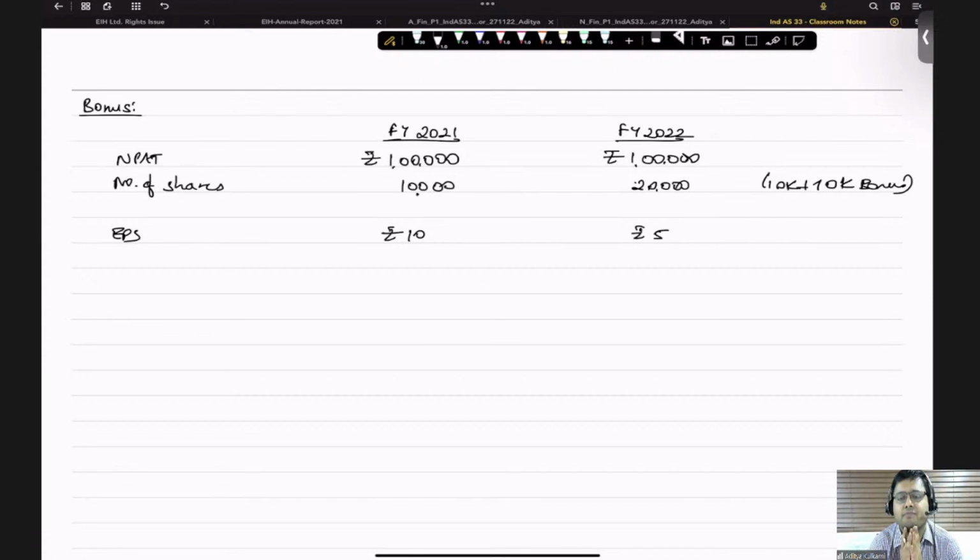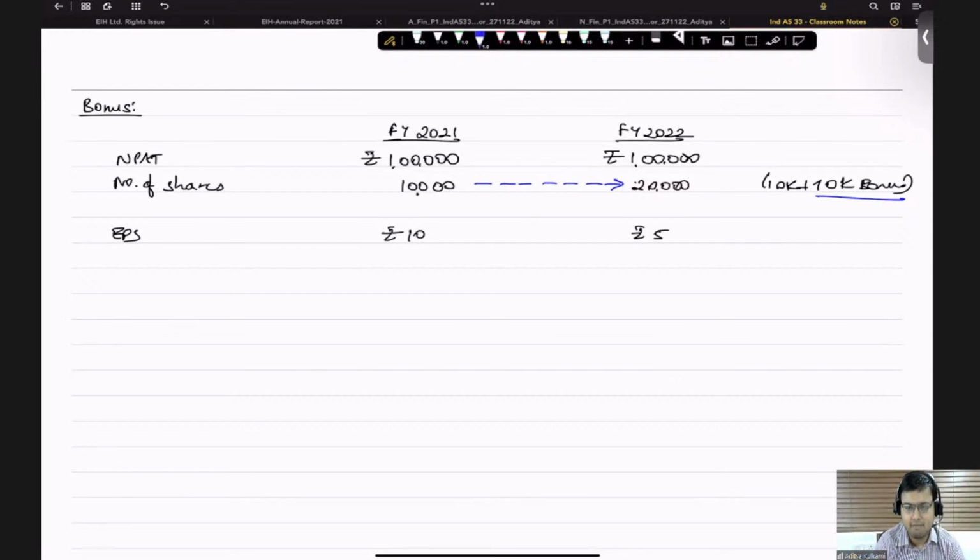Understand now. When I moved from 10,000 to 20,000 shares, it means that the additional shares are nothing but bonus. सीधा सा जवाब देना मुझे.